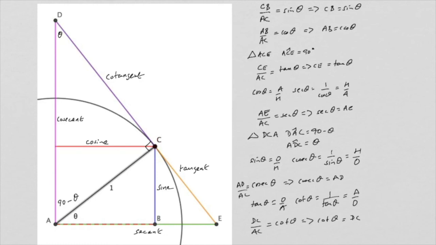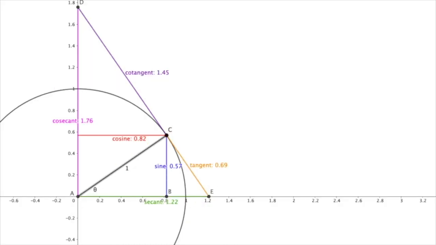And so we have the tangent coming from C down to the x-axis there. But you may not have seen the secant, the cosecant and the cotangent on the unit circle. And now you have.